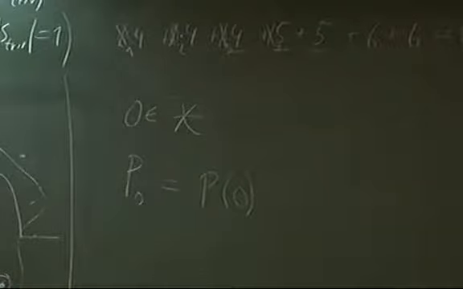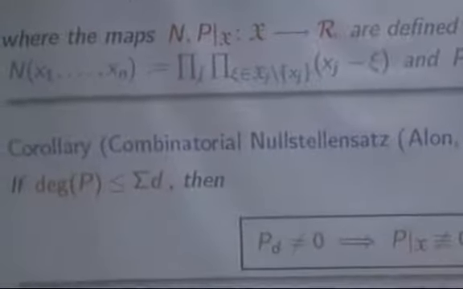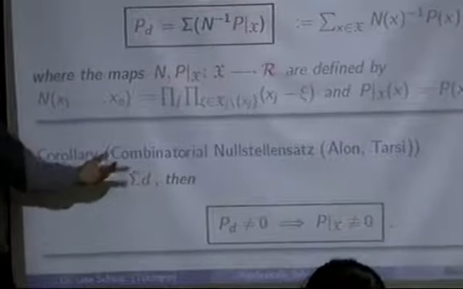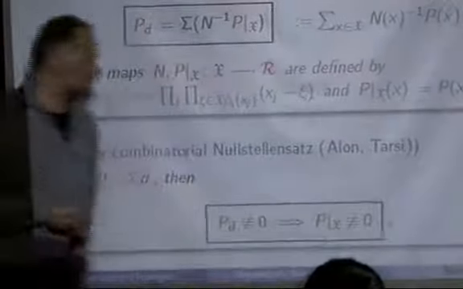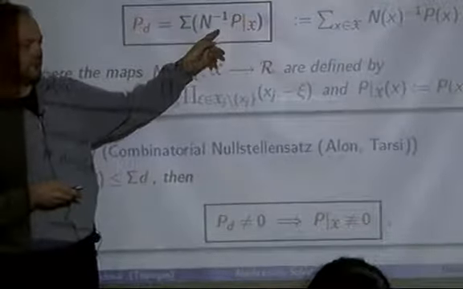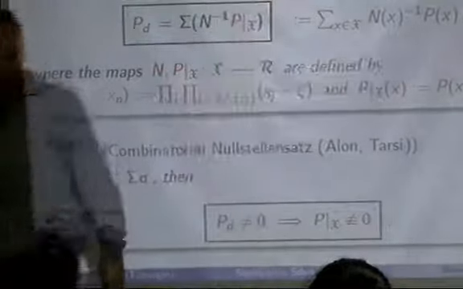And then we have two corollaries. The first one is if the coefficient is non-zero, then the polynomial map here cannot be 0. Okay? There must be at least one summand which is different from 0. So there's at least in the end one point where it is non-zero.